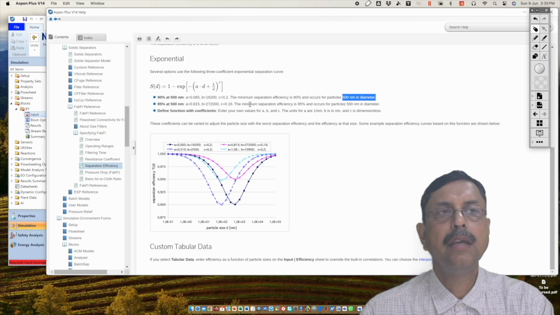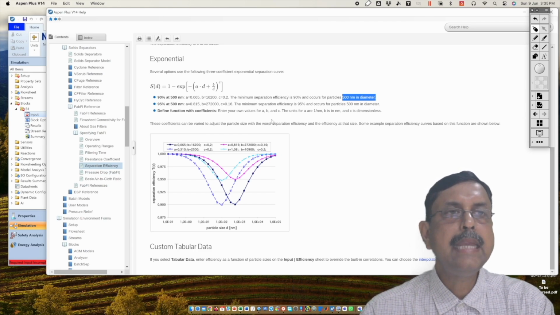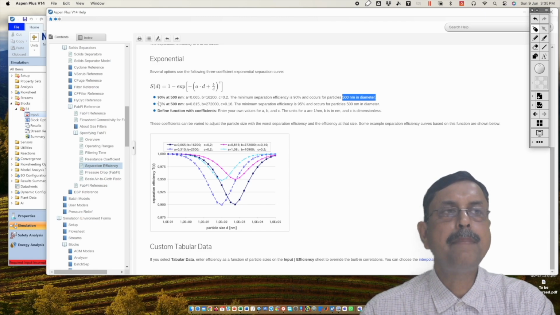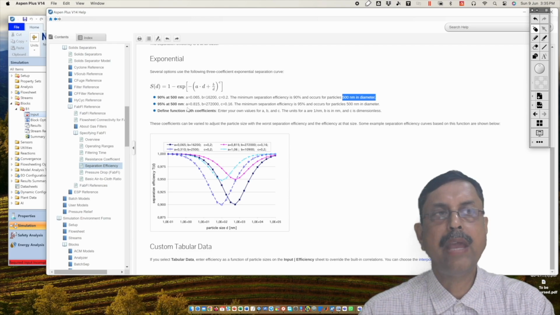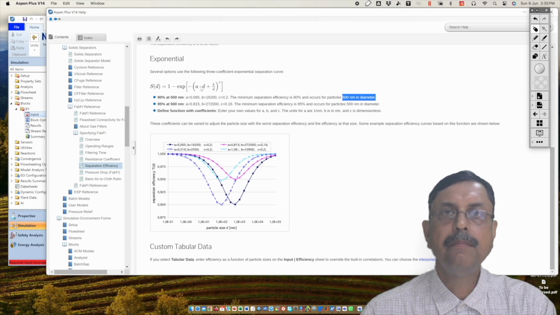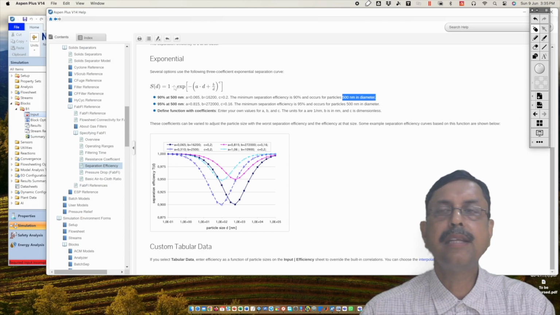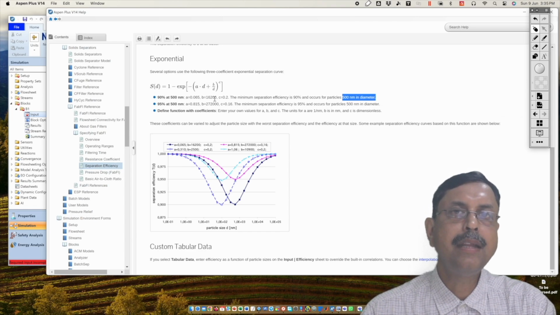Now, in case you are not happy with this 90 or 95%, then you can define your own function with A, B and C. You have to provide this data A, B and C, and then accordingly the separation efficiency will be calculated and that will be used in the function.